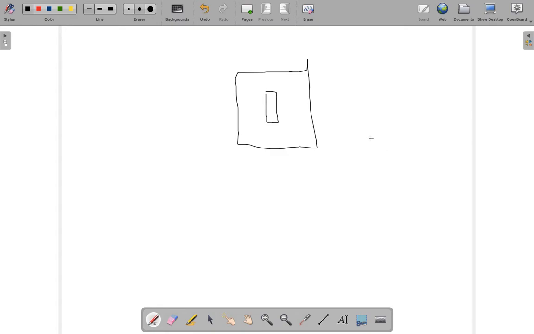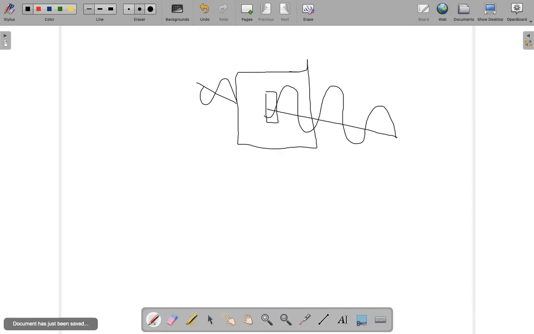So now if you have a string going through this, and you start shaking the string so it goes like this, it'll continue to go through because the slit allows it.